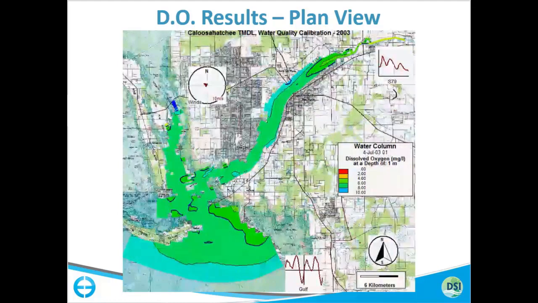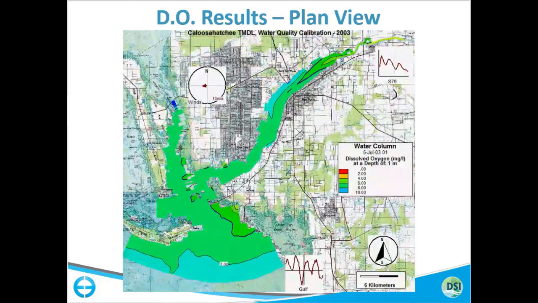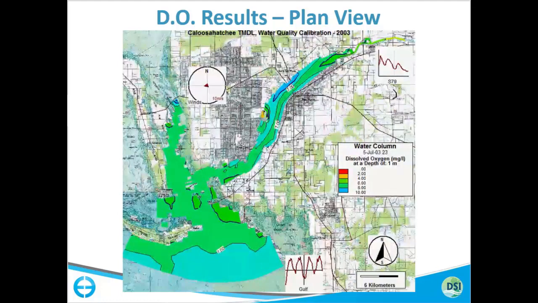Over there, I noticed that you have a hot spot or the low oxygen spot here. There must be some boundary that's coming in, the wastewater treatment plant, I think. Yeah, right.